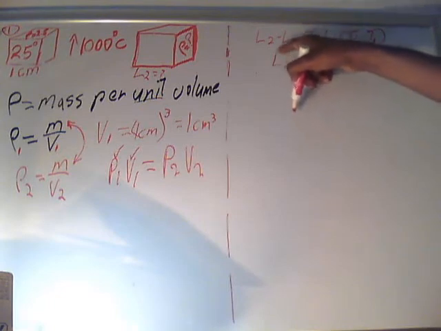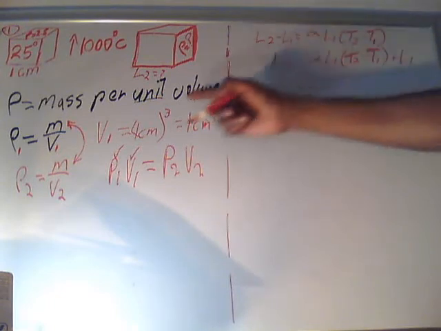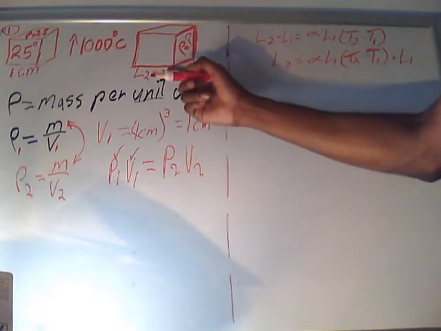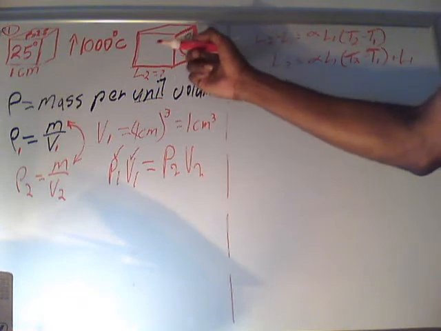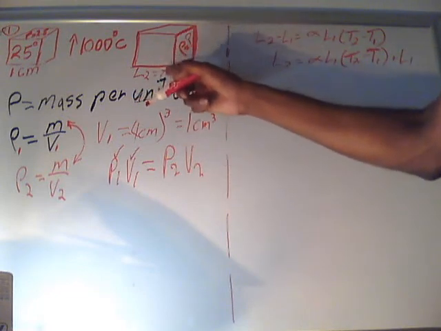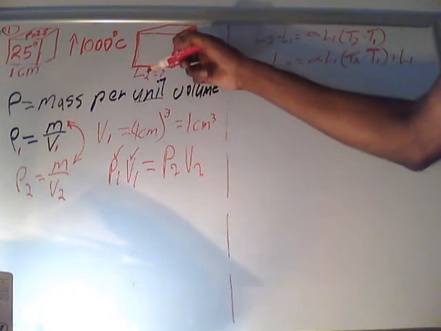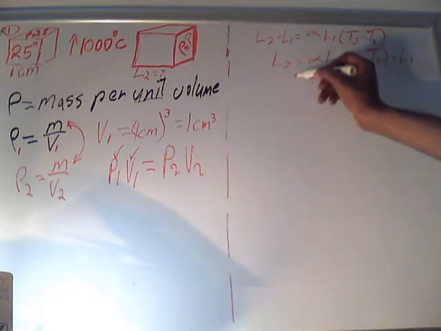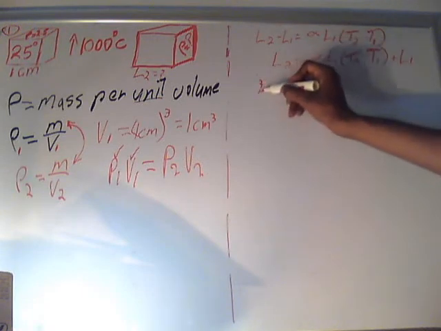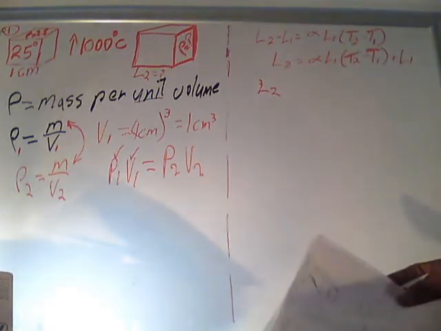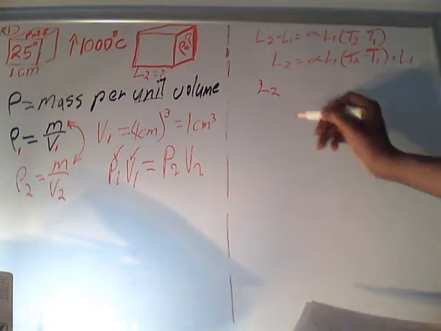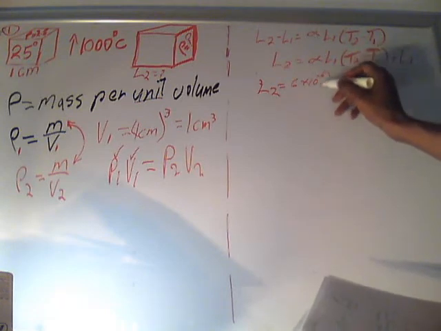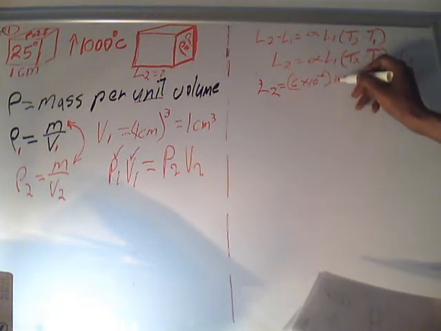Now, why do we want to find this L2? Going back to this idea of unit volume, if we know what L2 is, we know the other dimensions are going to be the same, the depth and the height, and so we can figure out what V2 is. All this information is given, so we can solve for L2. L2 is going to be equal to 6 times 10 to the minus 6 times 1 centimeter, times the change in temperature, 975, plus 1.